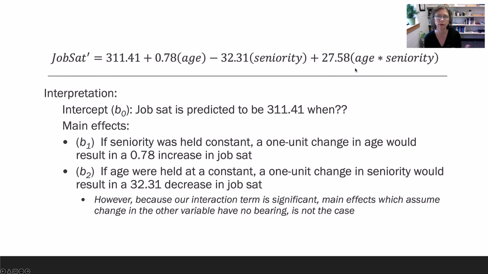They vary across those levels of age or seniority. So once you have a significant interaction effect, you do report the main effects, but then you move on to probe and explain the significant interaction effect.